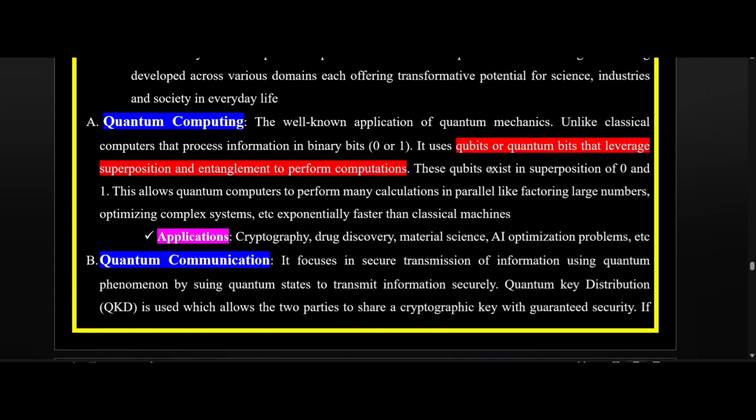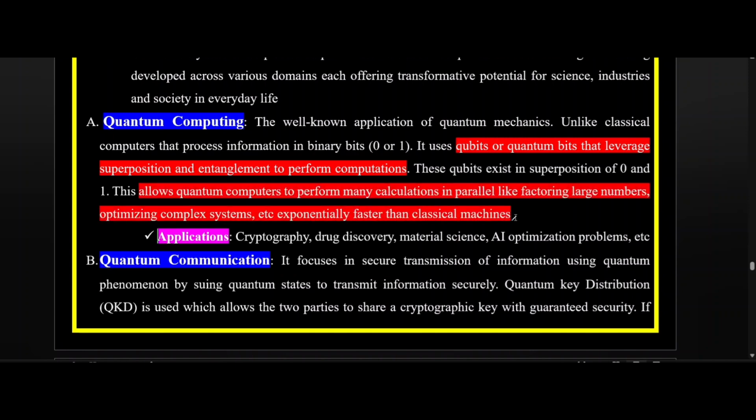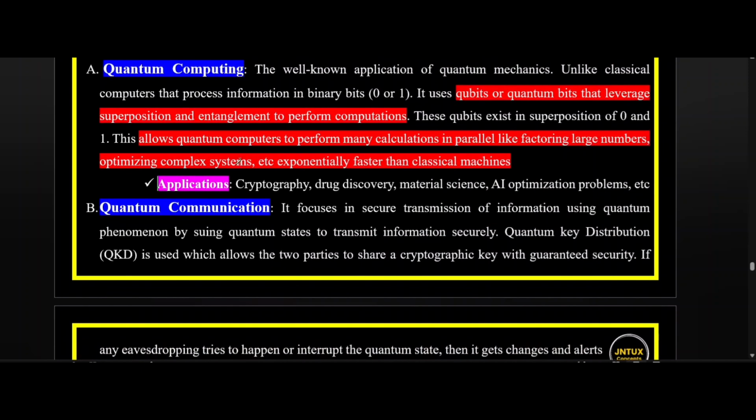These qubits exist in a superposition of 0 and 1, so that it allows quantum computers to perform many calculations in parallel, like factoring large numbers, optimizing complex systems, etc., exponentially faster than classical machines. So it has several applications in cryptography, drug discovery, material science, AI optimization problems, etc.